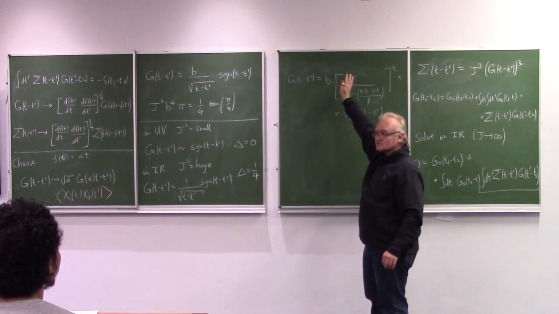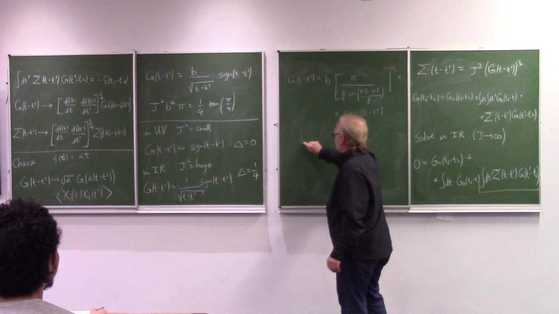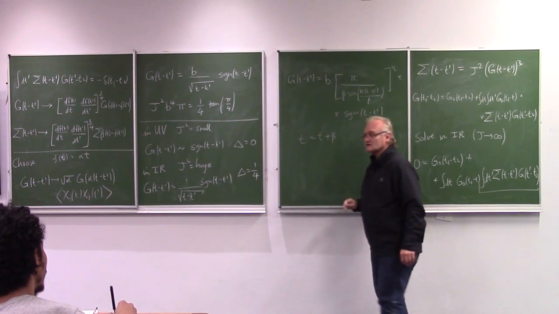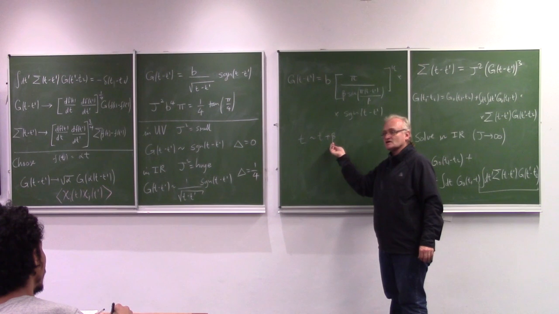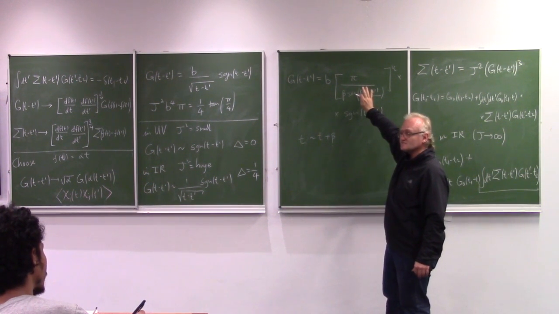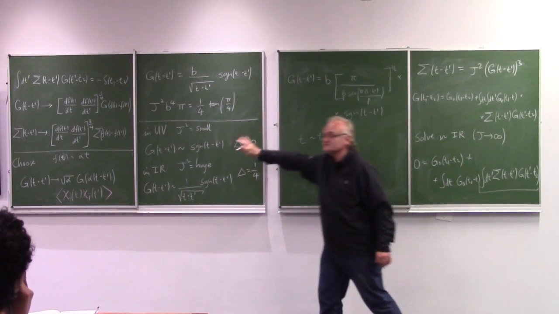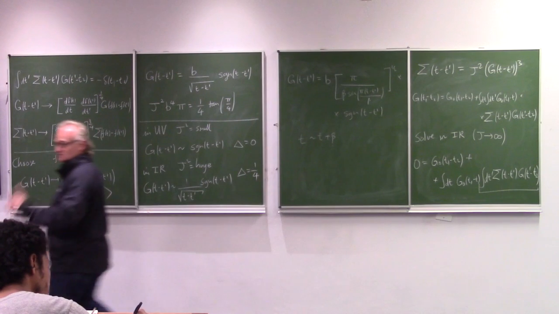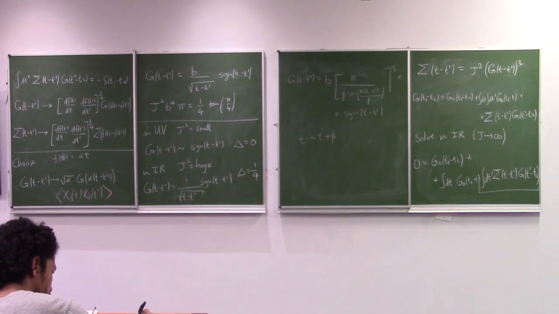For this theory, we're working on a circle, and we identify time with time plus beta, where beta is related to your inverse temperature. So this would be for the finite temperature theory, and this would be for zero temperature. Good question.